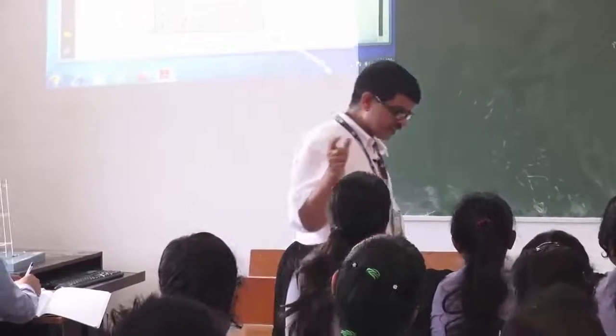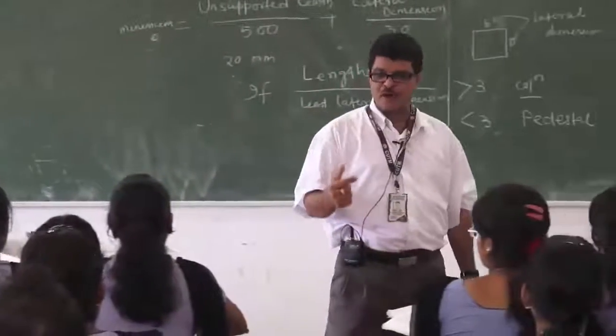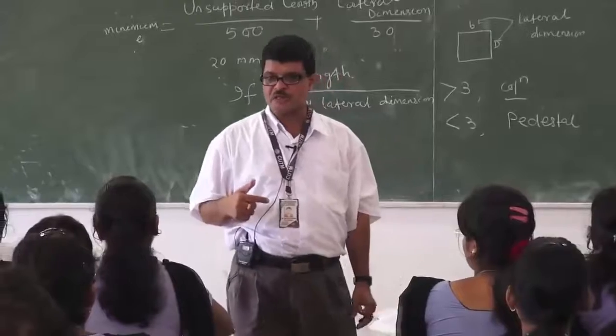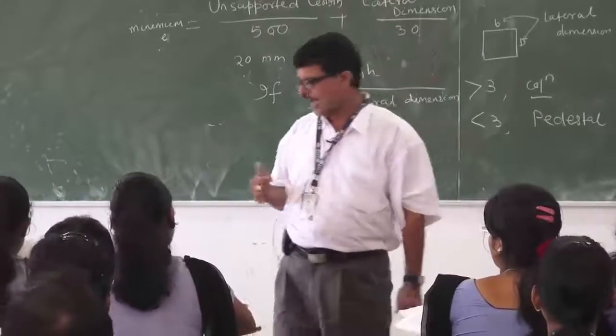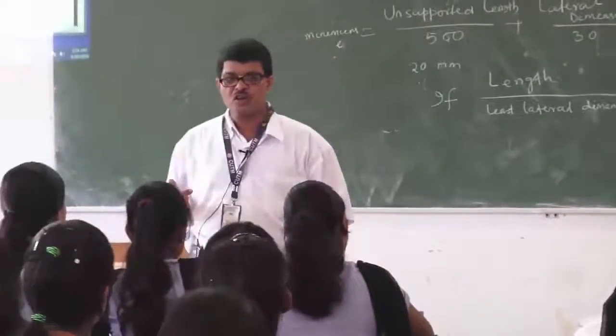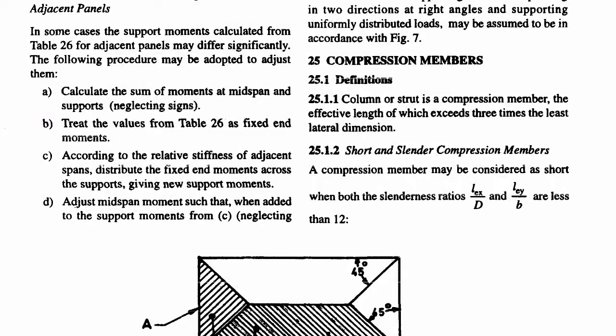In trusses, you have either tension members or compression members. Tension members are called ties, and compression members are called struts. That is why it is written that a column or strut is a compression member where the effective length exceeds 3 times the least lateral dimension.